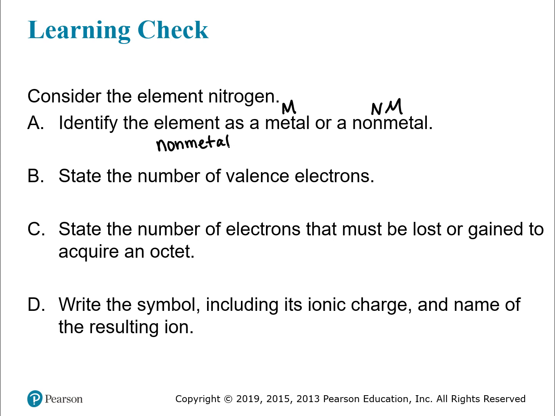Now, if you have your periodic table, you can look there and figure out how many valence electrons nitrogen has. When you figure that out, let me know what you think. How many valence electrons does nitrogen have? I'll give you a hint.